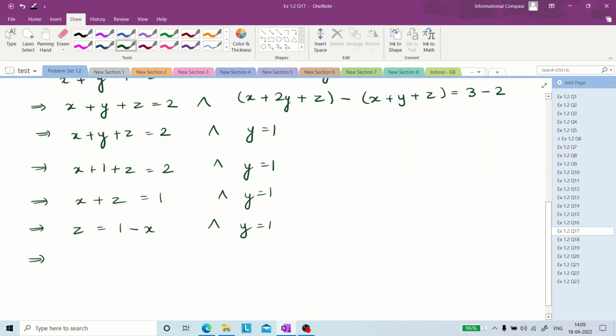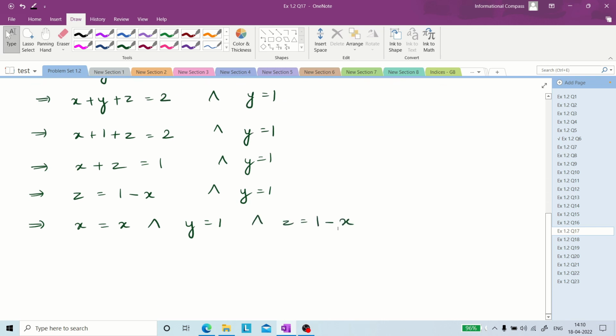Moving on. Here, what do we get? x is equal to x, intersection y equal to 1, intersection z is equal to 1 minus x. This is what we have got, right? So this is our result. When x is equal to 0, x is equal to 1, x is equal to 2, because we have kept x equal to x, whatever may be the value here, 0, 1 or 2, we have three values.